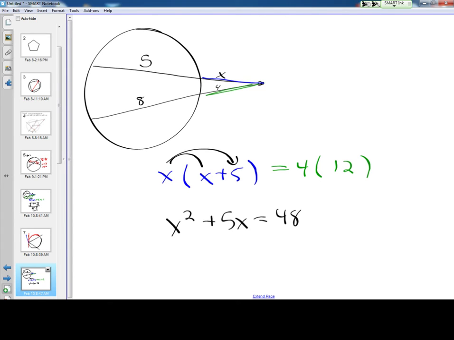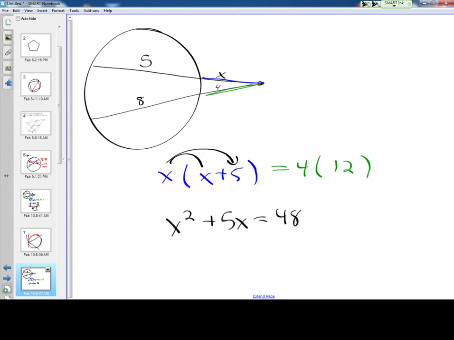So x times x is x squared, x times 5 is 5x, and that's equal to 48. Because x times x is x squared, x times 5 is 5x.